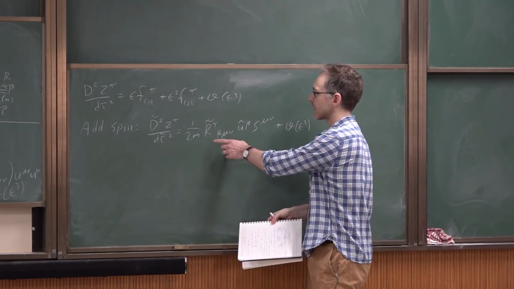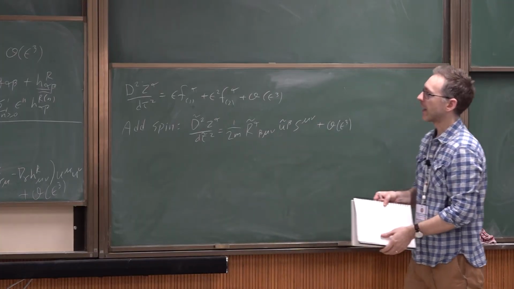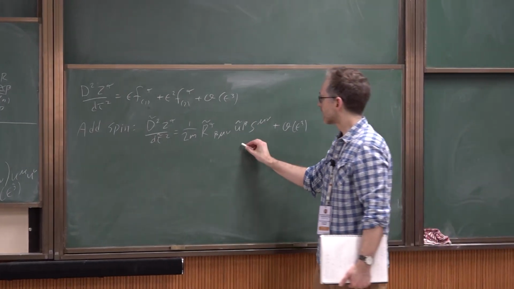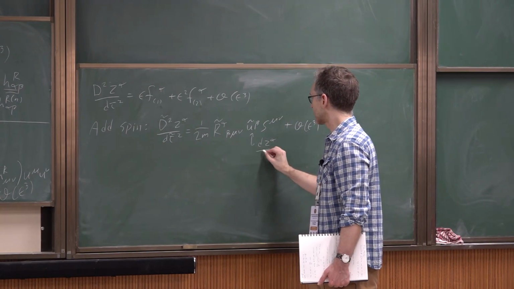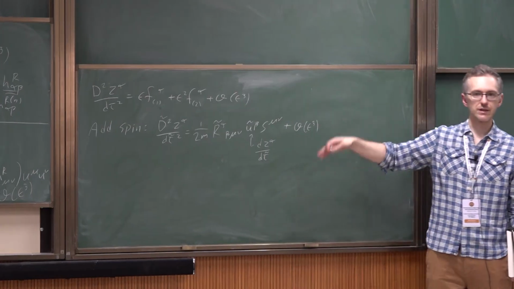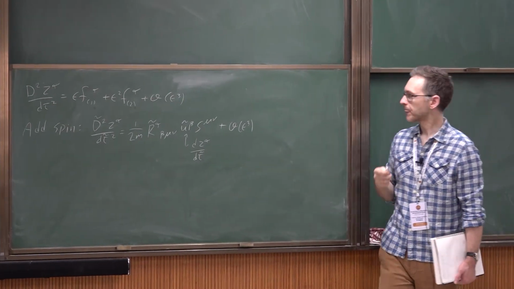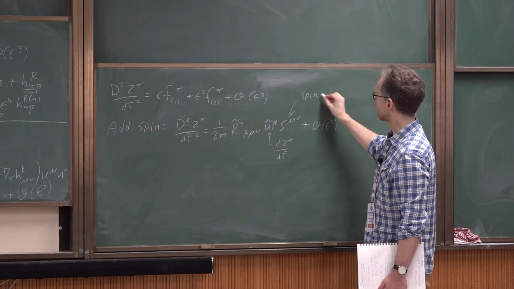So this is the Riemann tensor of that effective metric evaluated at r equals 0. This is dz alpha d tau tilde, where tau tilde is defined as proper time in the effective metric. And this is the spin tensor of the object.